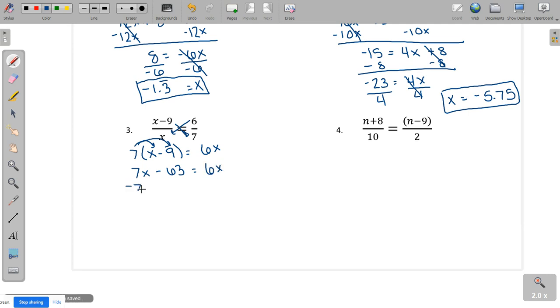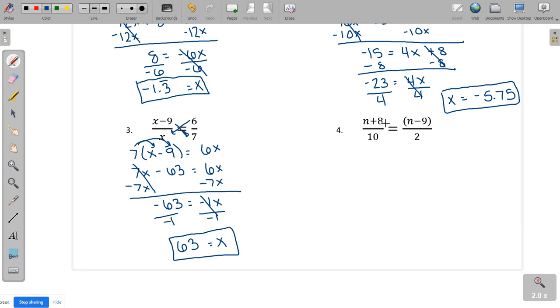Combine like terms. So subtract the 7x from both sides. It cancels out. Bring down negative 63 equaling 6x minus 7x, which is negative 1x. Divide both sides by negative 1. And we get x to equal positive 63.